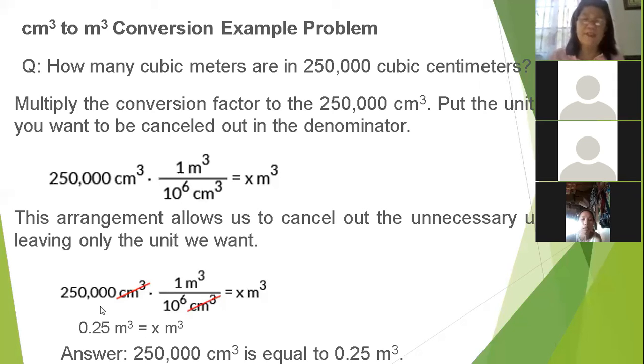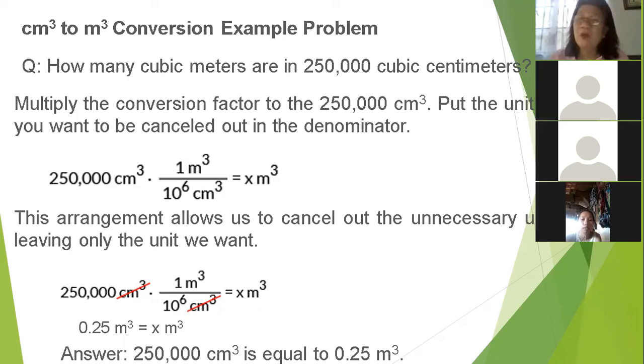Meaning 250,000 cubic centimeters is equivalent to 0.25 cubic meter. Where do we use cubic meter? Maybe when you pay the water district. Our volume of water consumption in terms of the water district is in cubic meters, so you are paying by cubic meter.